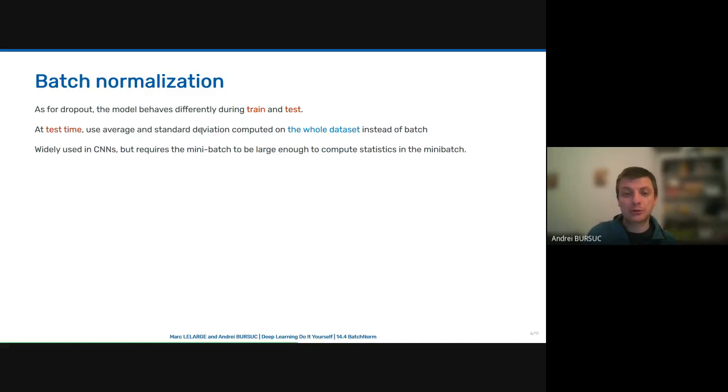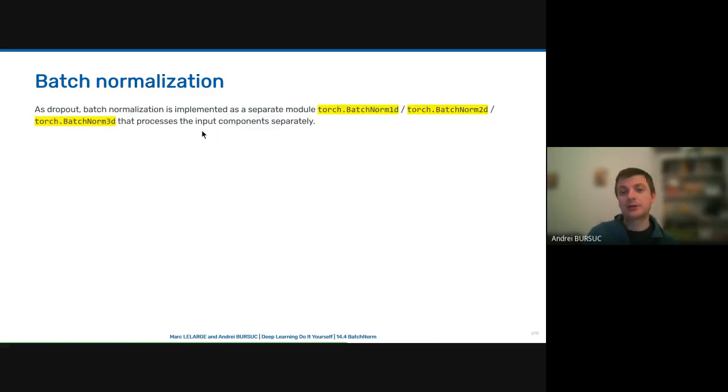So in general, you should have at least 16 or 32 images in a mini batch to have this work, at least for image classification. We'll go into a bit more detail on how this actually impacts things and what other solutions there could be.